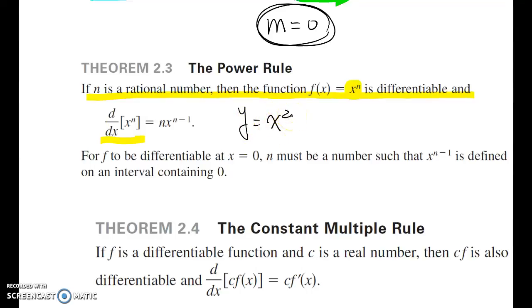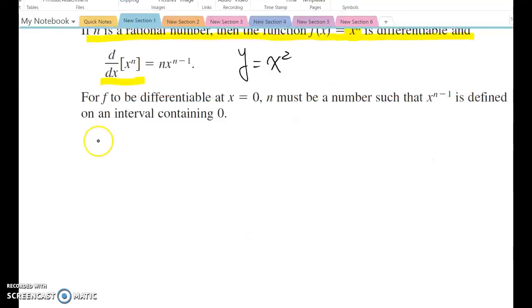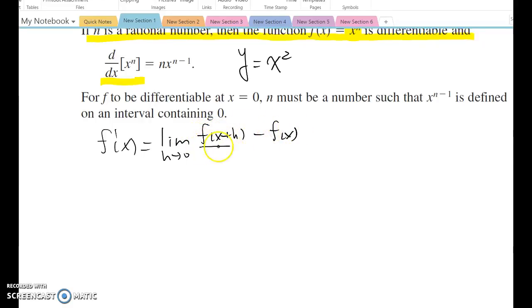Okay, so let me show the definition of the derivative for this function shortly. As you know, f prime x equals the limit as h moves to 0 of f(x plus h) minus f(x) over h. So I'm going to look for this form first, which is f(x plus h) equal to (x plus h) squared.